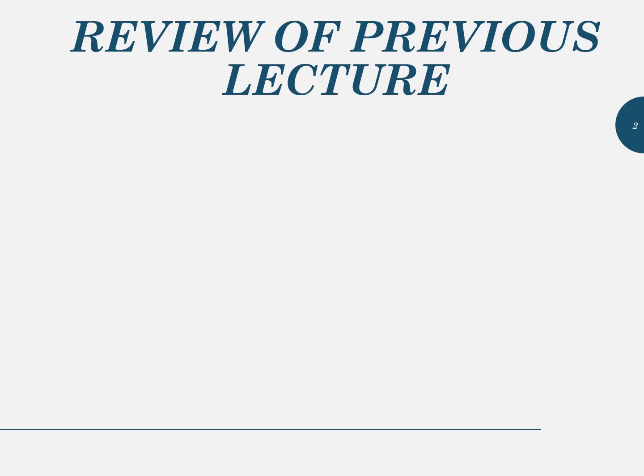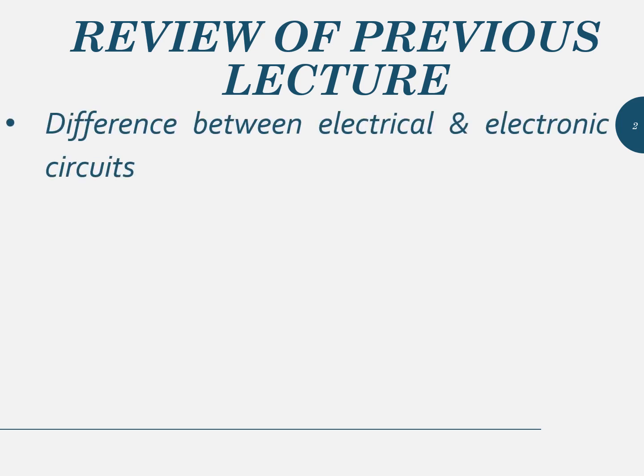Before starting this lecture, first we will have a quick review of what you have learned in your previous lecture. In your last lecture, you understood the difference between electrical and electronic circuits. You also studied what are free and valence electrons.